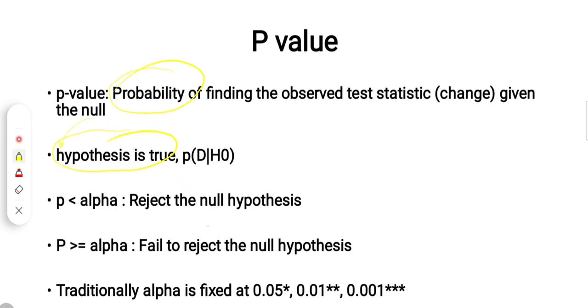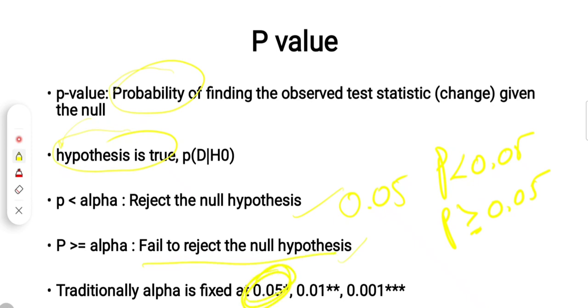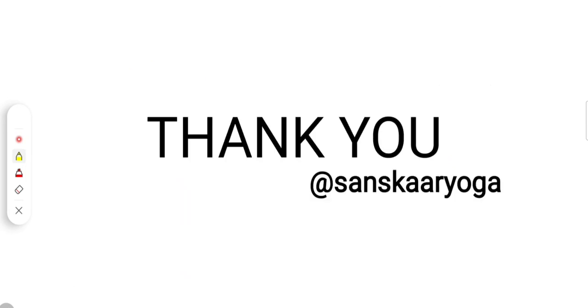If it's less than alpha we reject, and if it's greater than or equal to alpha we fail to reject. It's normally set to 0.05, okay. If the p value is less than 0.05 we reject, greater than or equal to 0.05 we fail to reject, okay, simple. Normally we take this particular value, we have these other 2 also, okay.